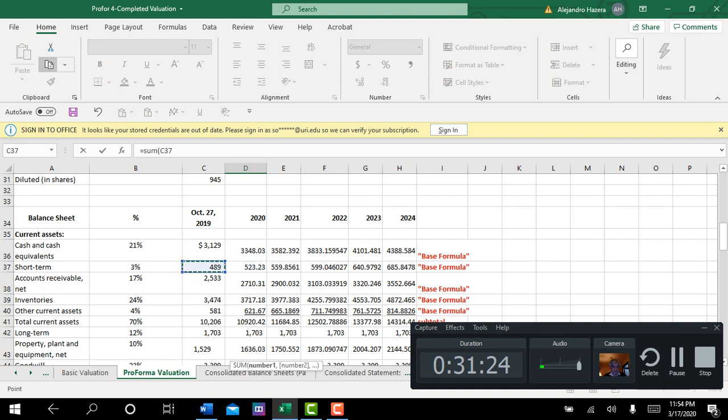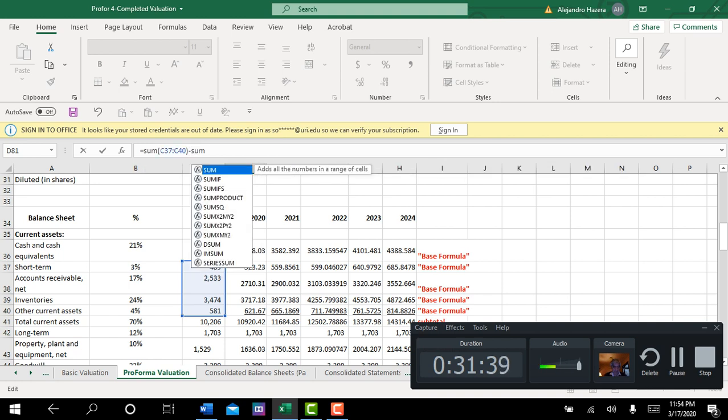That is going to be short-term investments, accounts receivable, inventories, and other current assets. So we're going to take the sum of that and subtract out the sum of those same current assets for the year 2020.